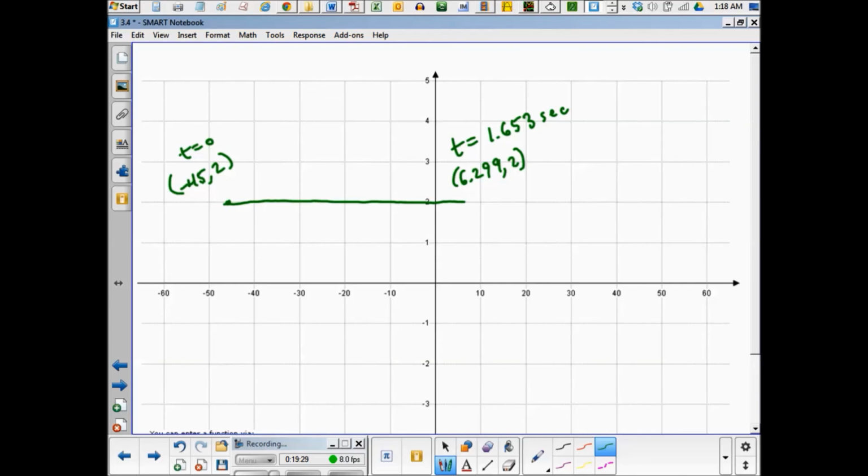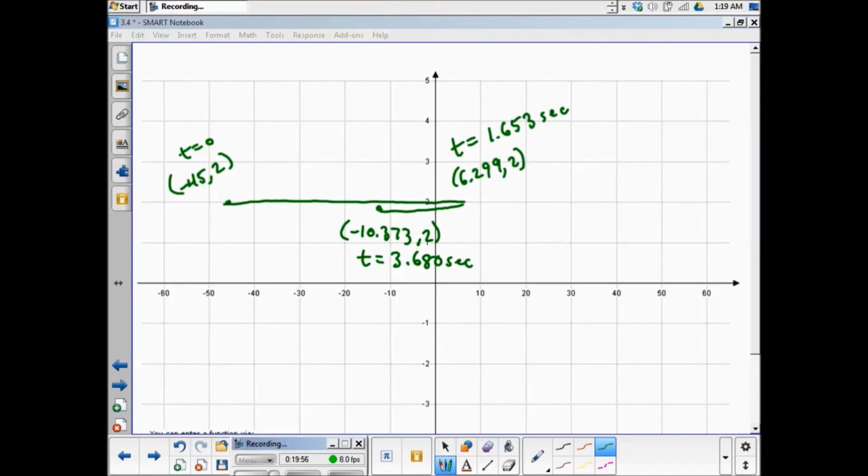The object then turned around, headed backwards to negative 10.373, 2, and that was at t equals 3.680 seconds. Then it turned around one more time and went to the right indefinitely.